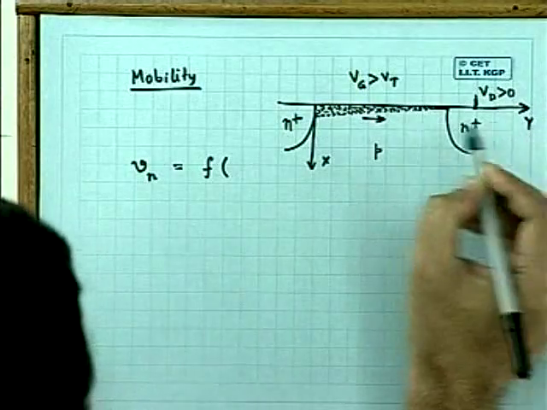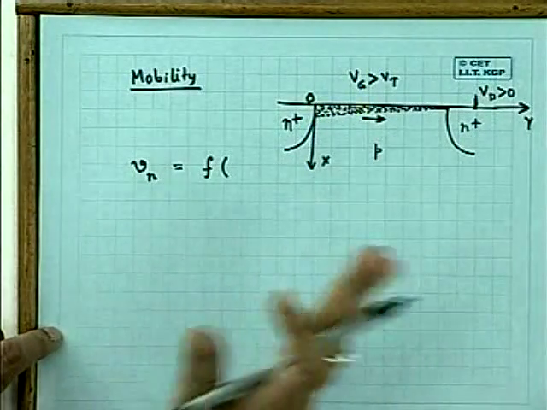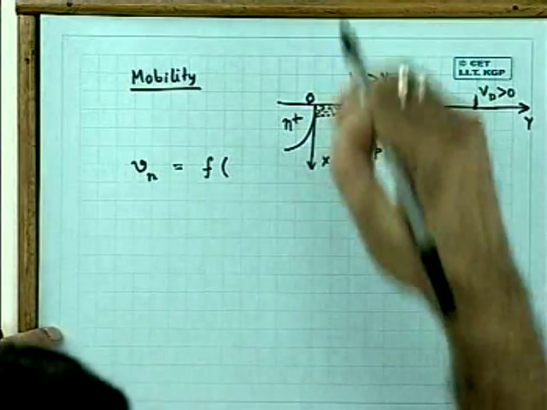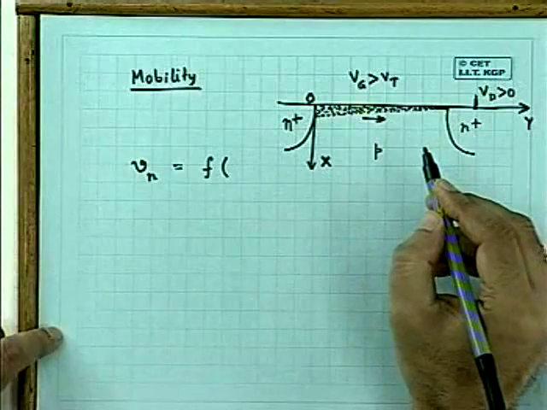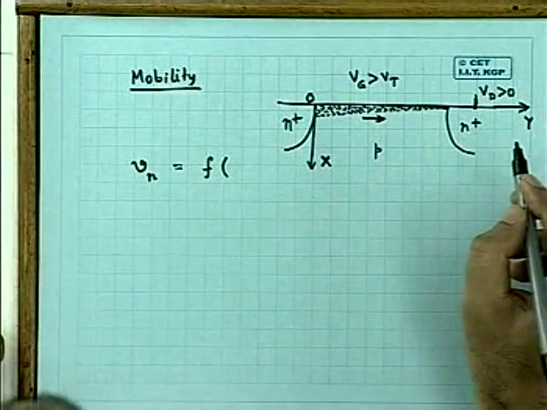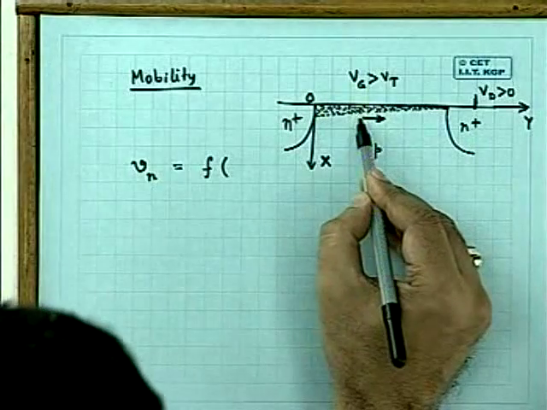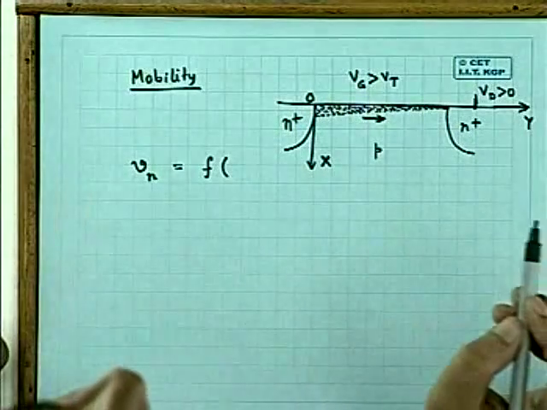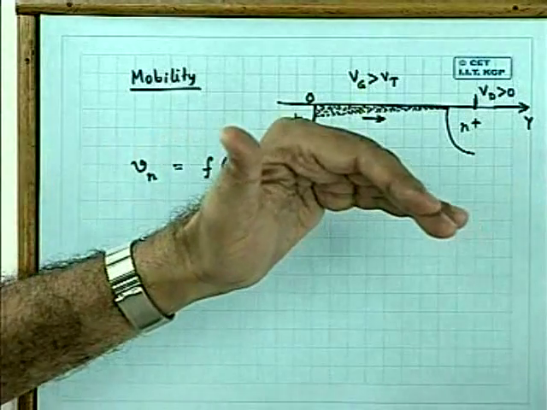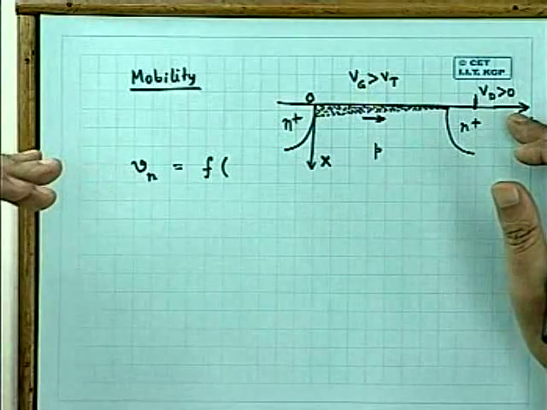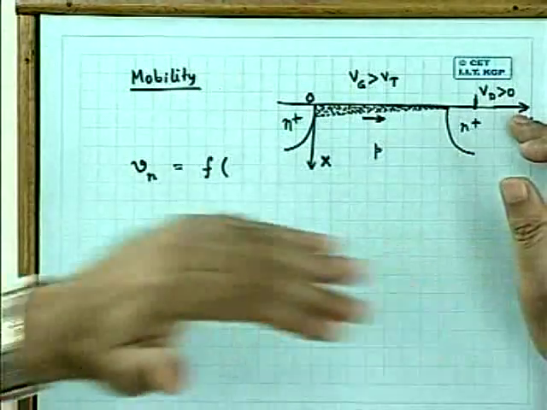This is the origin. That is the usual assumption. Along y is the channel, perpendicular to the surface is x. That means the depth-wise direction is x. So Vn, the velocity of electrons along the channel, which is more or less our current, is determined by that. Id is determined by the electron movement along the channel, along y.